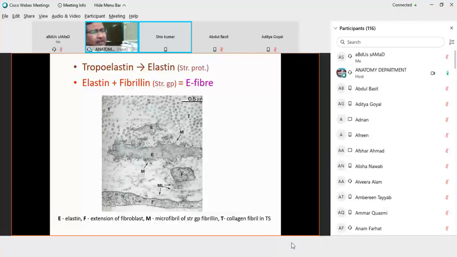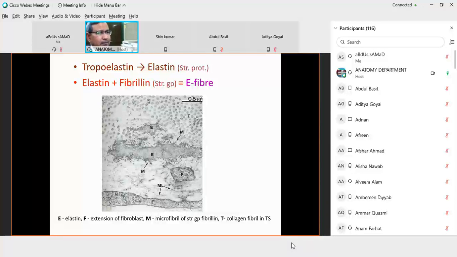So the elastic fibers are a composite structure. Number one, they consist of tropoelastin, just like tropocollagen, and that forms into elastin. But this elastin is actually a structural protein, and it is amorphous. And then we have the fibrillin, which forms the elastic fiber.